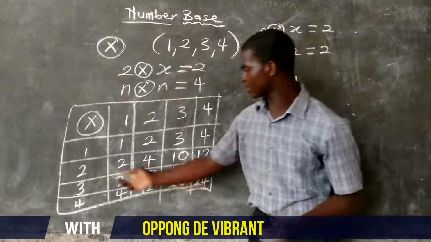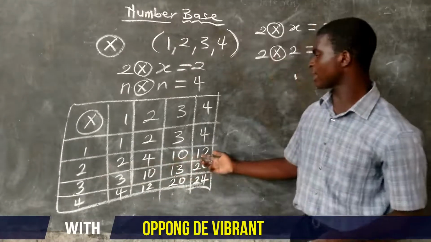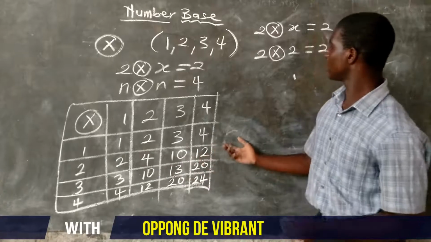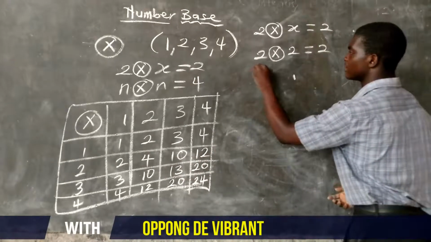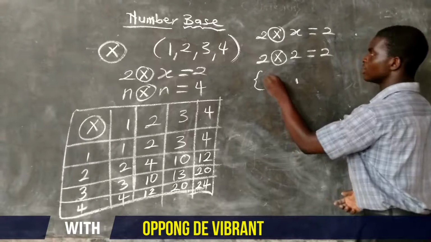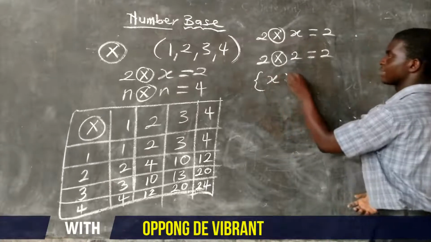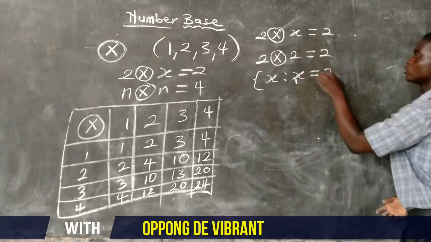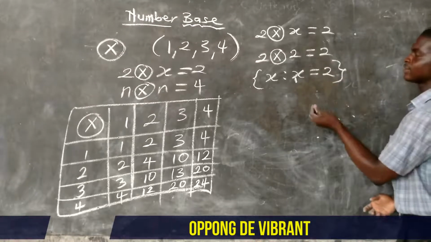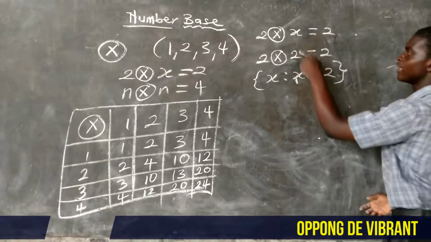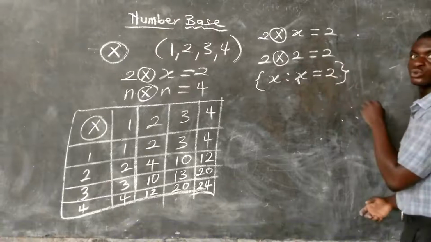Let's look into it again. 2 does not multiply any other number to give us 2. And so we have the truth set to be x such that x is equal to 2, since 2 was able to replace x to give us the answer 2.